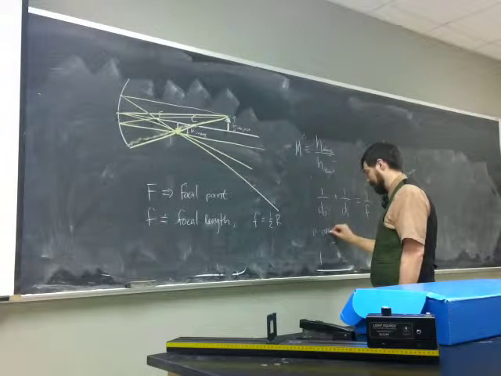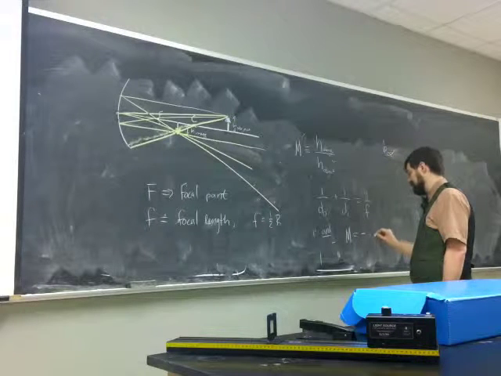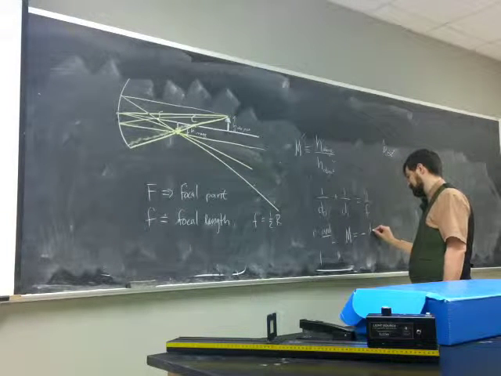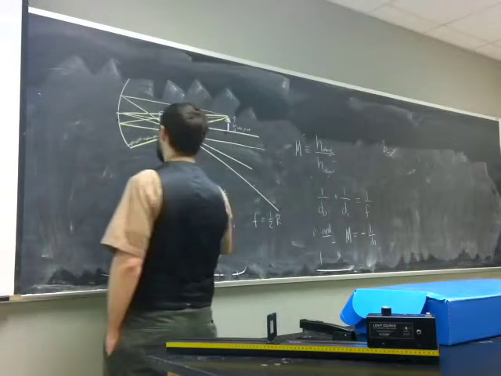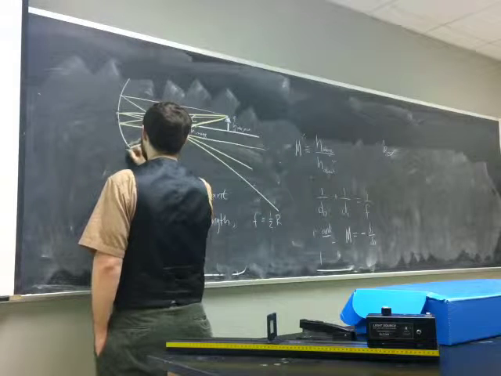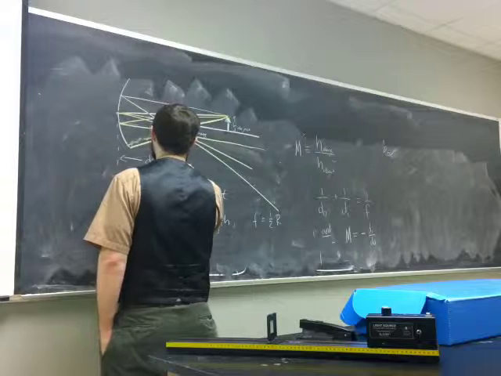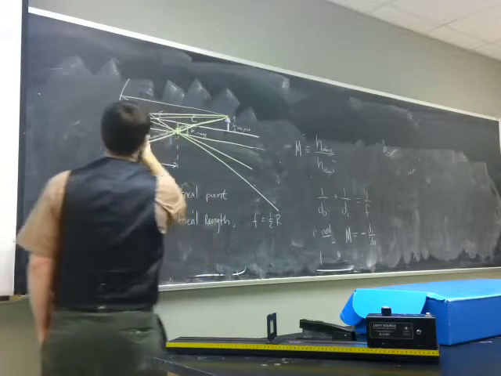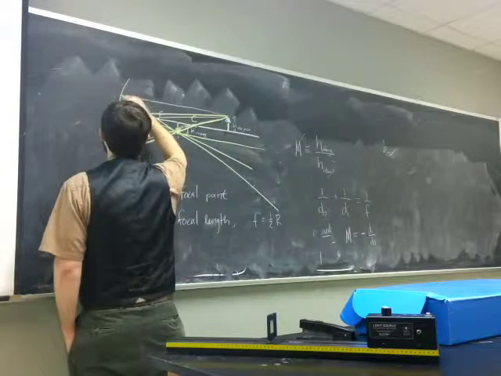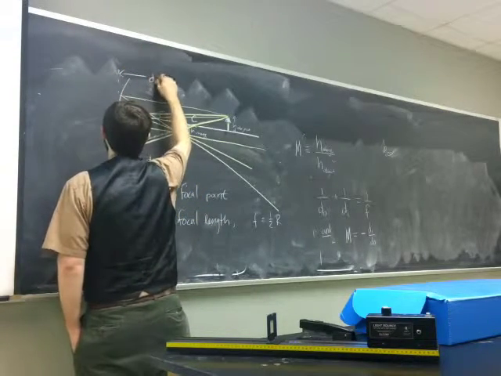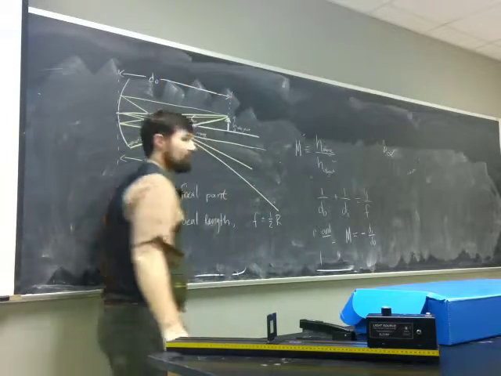And the magnification is the negative of dI divided by dO. The dI would be this distance right here, the distance from the mirror to the image. And dO is the distance from the mirror to the object.